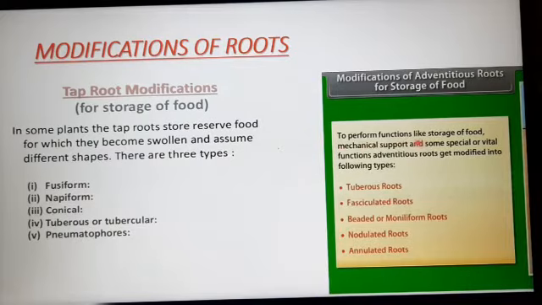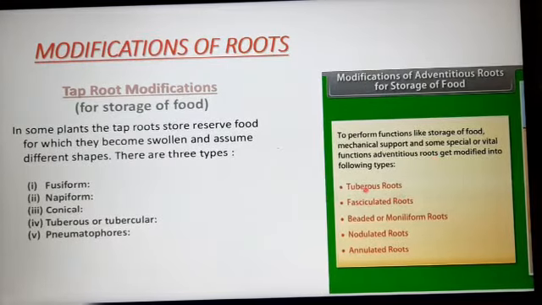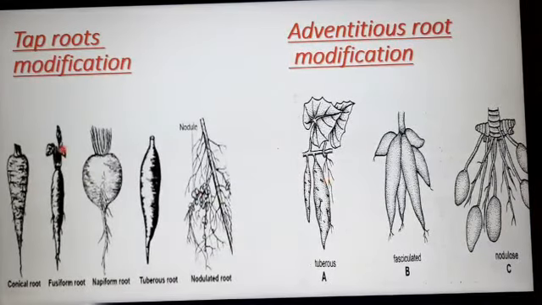To perform functions like storage of food, mechanical support and some special or vital functions, adventitious root gets modified into tuberous root, fasciculated root and so on. So with the help of this figure, I will explain taproot modification and adventitious root modification.